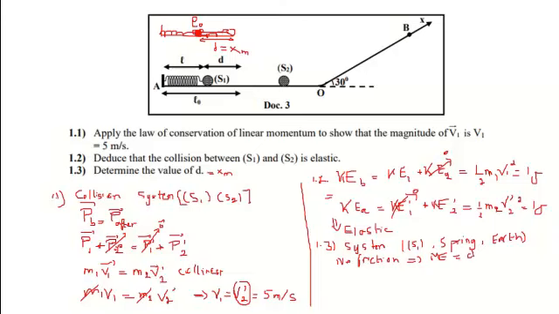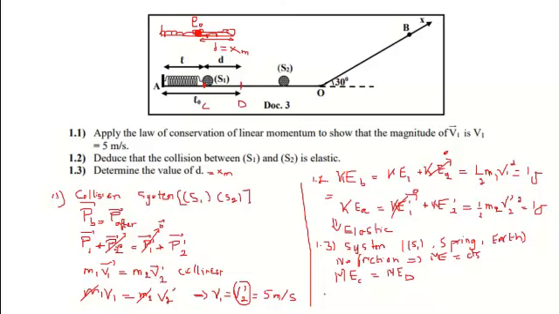So according to this law, we take ME at the maximum compression. I will name here a point C, and this point, I will name it the point D, big D. So we have ME at the point C equals ME at the point D, for S1. Pay attention, this is before the collision.